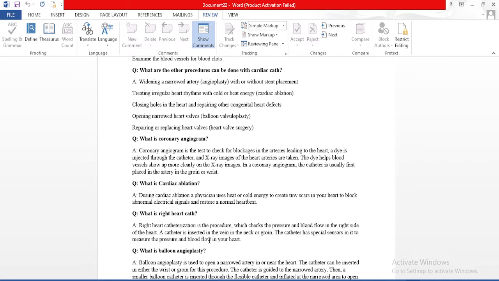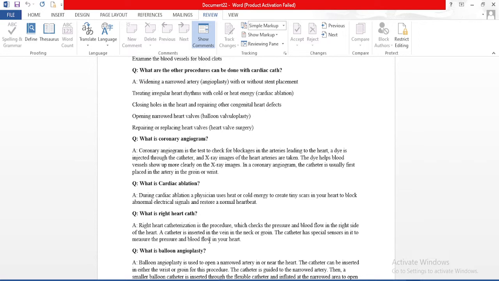Treating irregular heart rhythms with cold or heat energy, usually we will call it cardiac ablation. During cardiac ablation also, the physician may perform cardiac cath. Closing holes in the heart and repairing other congenital heart defects. Opening narrowed heart valves, usually we'll call it balloon valvuloplasty.